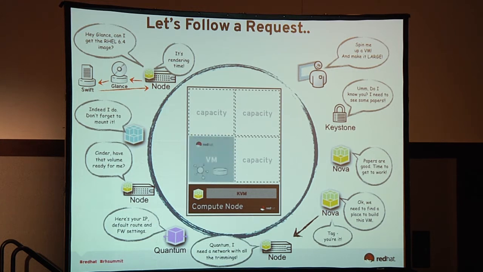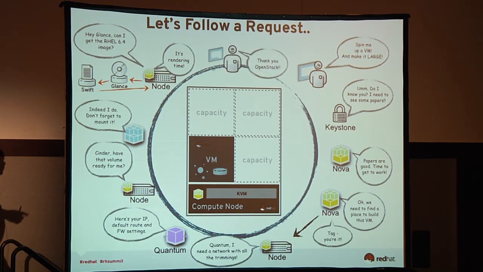And then the machine gets built, and the customer says, thank you, OpenStack. Now he can log in to the machine with SSH, what have you. So that's the complete cycle at a very high level. There's a lot more detail to that, and Russell Bryant will have a more complete, more detailed talk about these components later.